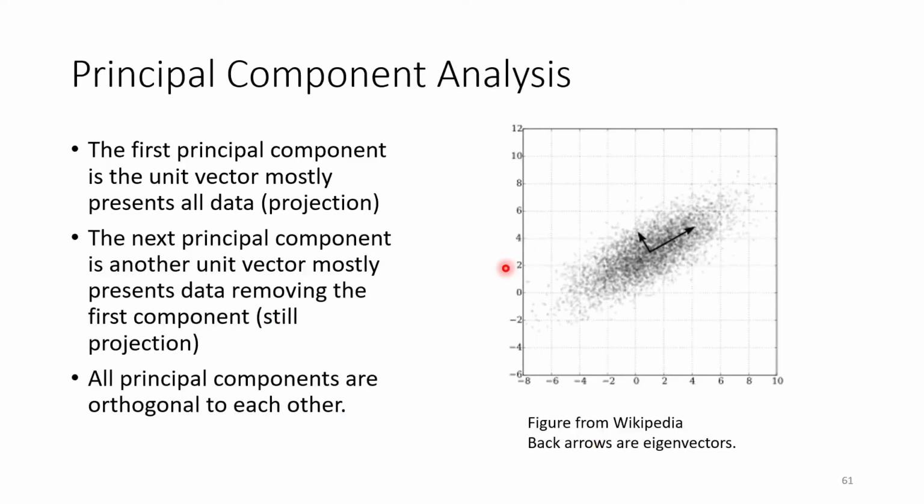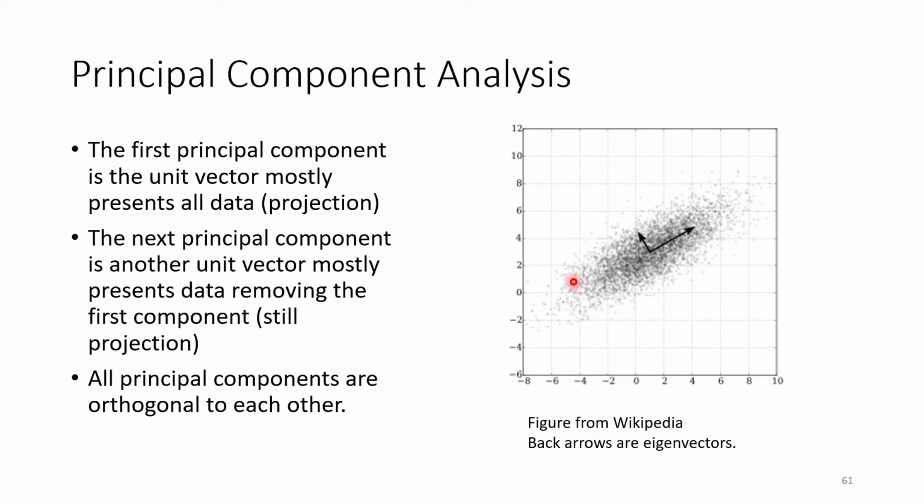Let's go back to another topic. This is the subsection of our textbook called Principal Component Analysis. The concept of principal component analysis is a dimensionality reduction method. So what is a principal component?